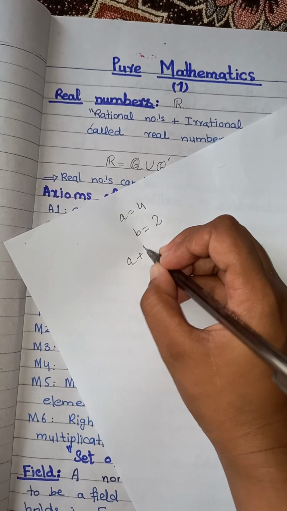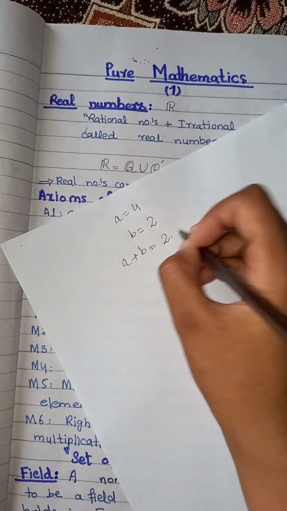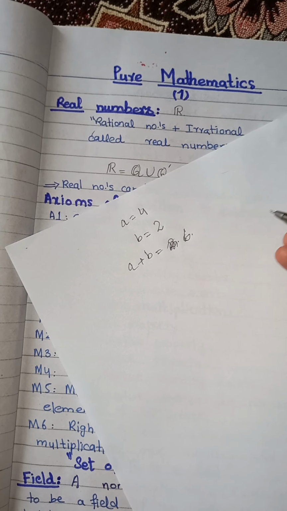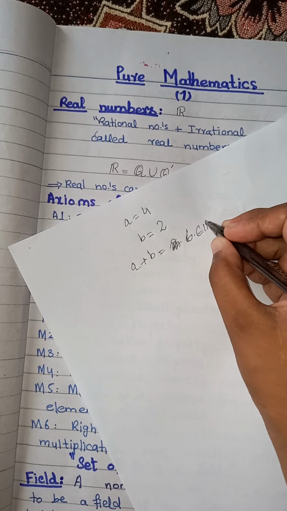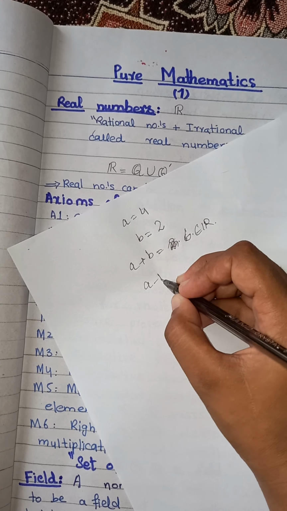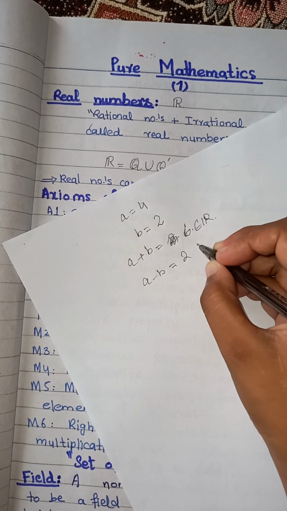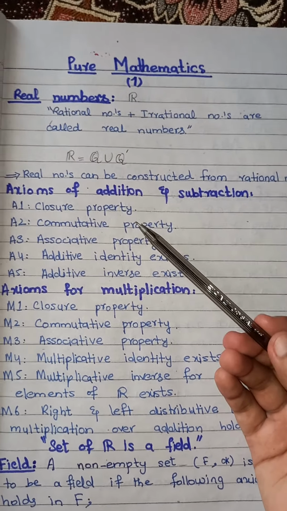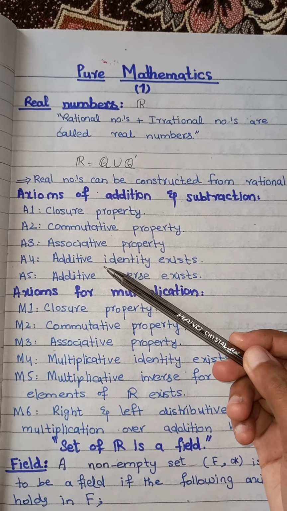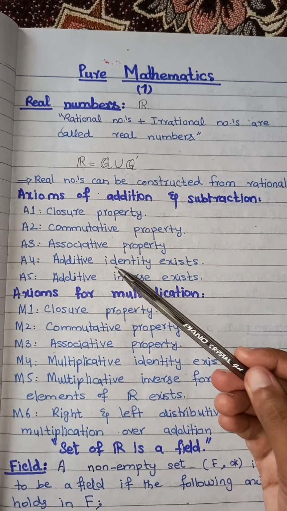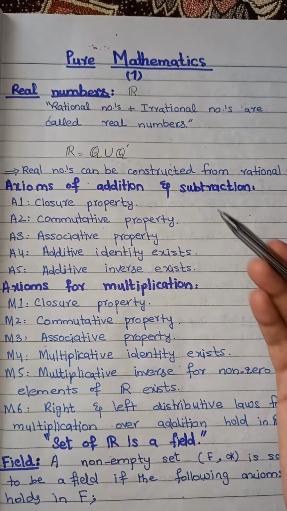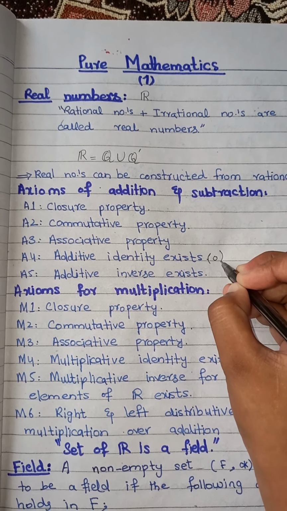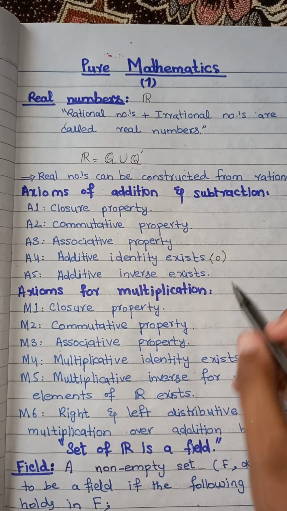If we add these two numbers, we get another real number because it belongs to the real numbers, and if we subtract these two numbers, we also get another real number. So the closure property holds, the commutative property holds, and the associative property exists. The additive identity, in case of addition or subtraction, is 0, and the additive inverse exists.